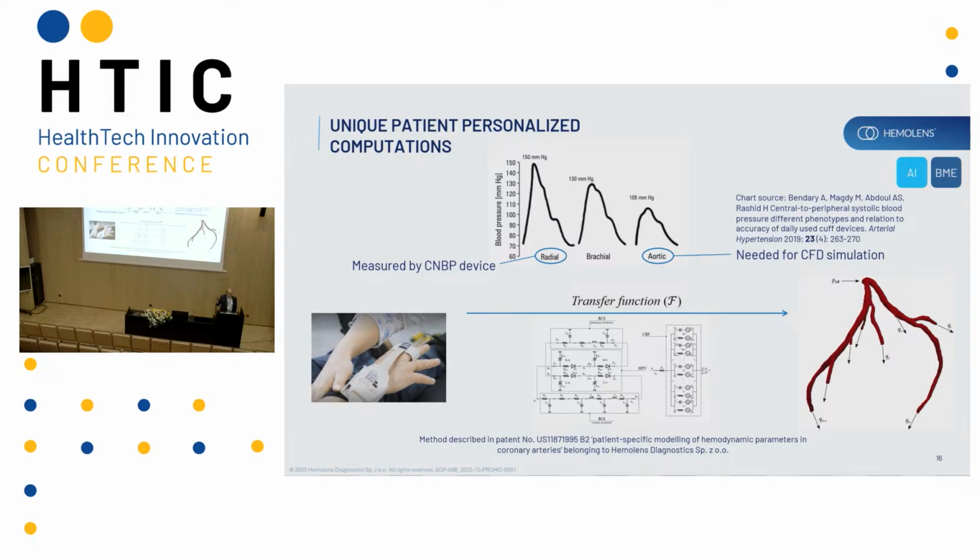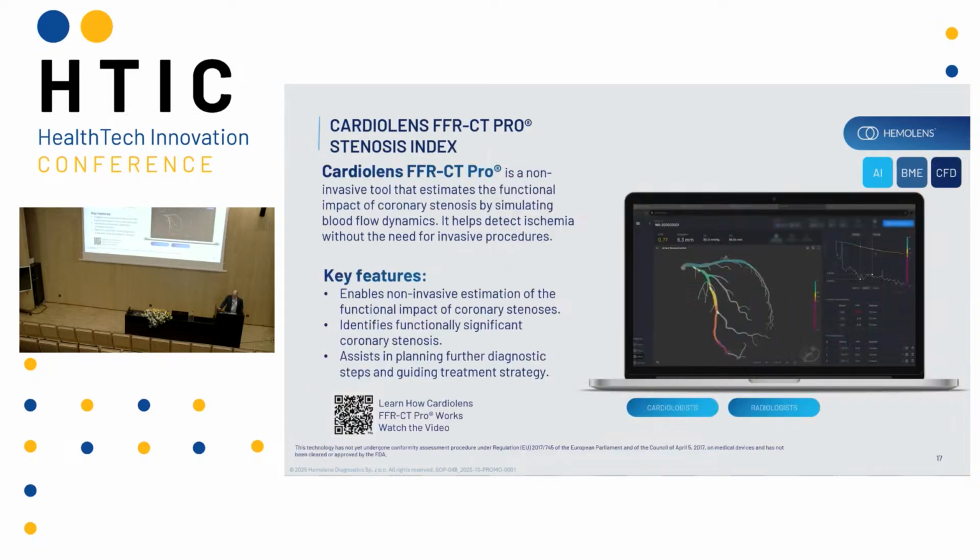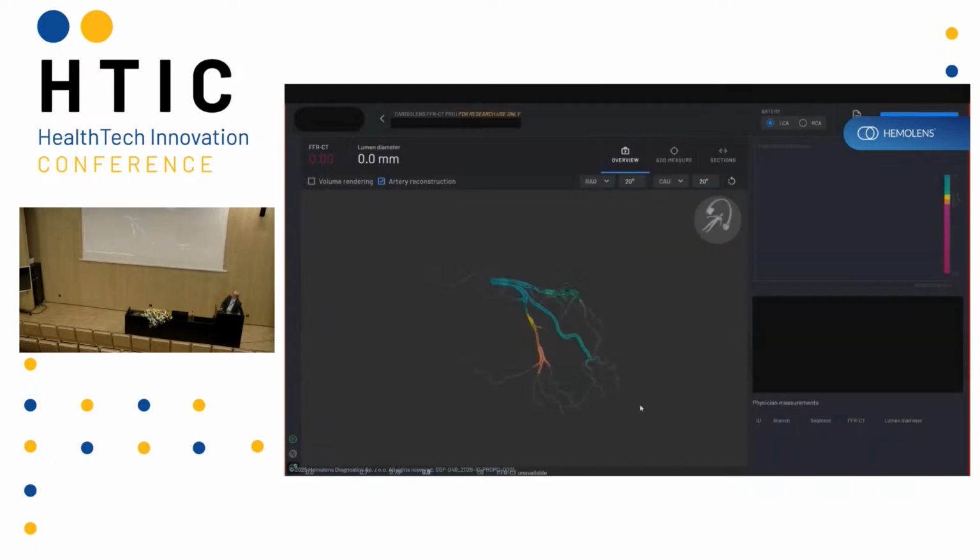So that by combining those methods with sophisticated measurements of the pressure changes, the waveform of the pressure gives us some boundary conditions, and then we can compute the fractional flow reserve index.